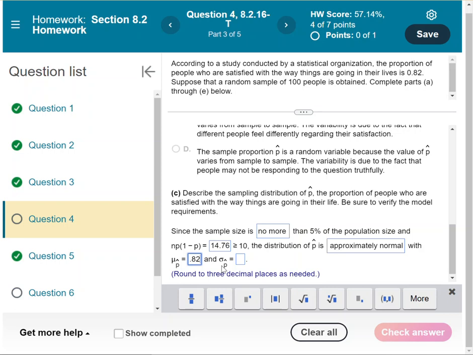And let's see, we got a formula to find the standard deviation of the sampling distribution of p hat. Let me go ahead and write the formula down, and then I'll switch. That's the square root of p times 1 minus p over n.